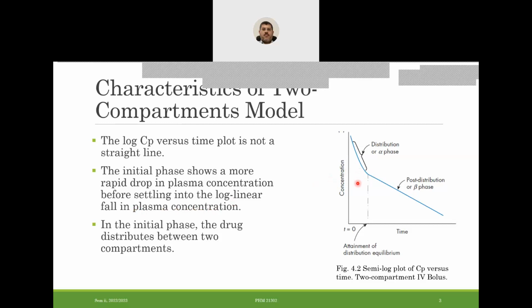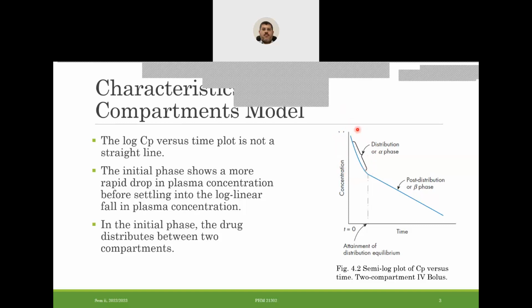Now when it comes to the explanation, we want to know why this happens, or what is the cause of this phenomenon. The logical interpretation is that in the initial phase, there is a distribution of the drug between compartments. So the first assumption that we mentioned before in the one compartment model, that distribution is instantaneous, does not hold here. The distribution takes time.